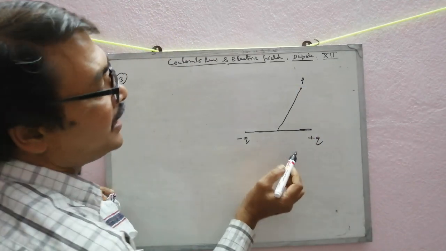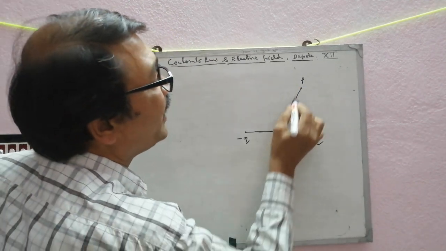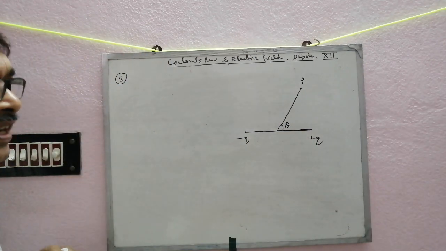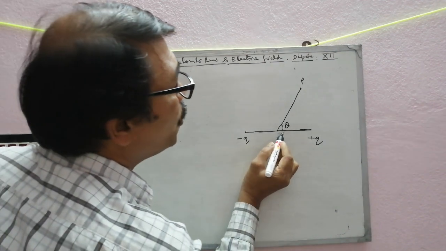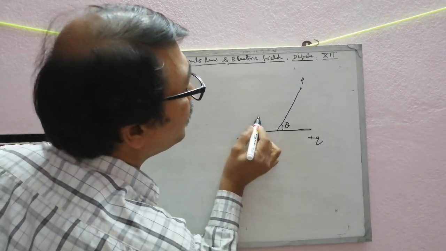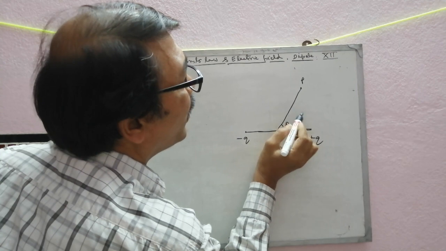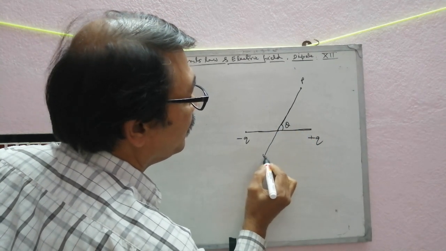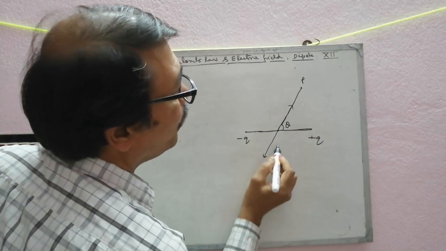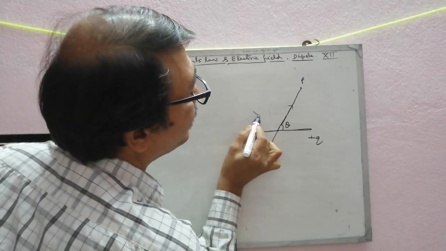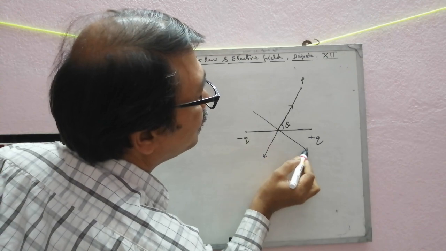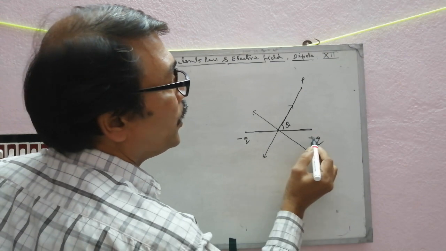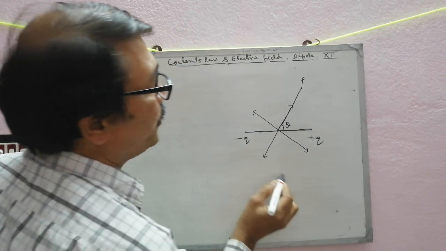We have to find out the electric field at a point P due to this dipole at any point. Suppose this angle is theta. The dipole moment is a vector quantity, so we resolve it into two components, one in this direction and another perpendicular to this. The direction is from negative to positive.